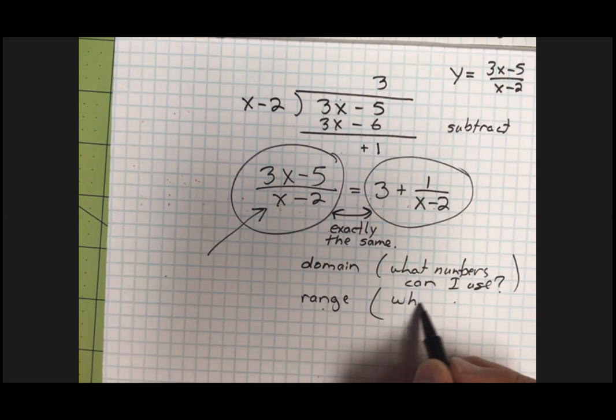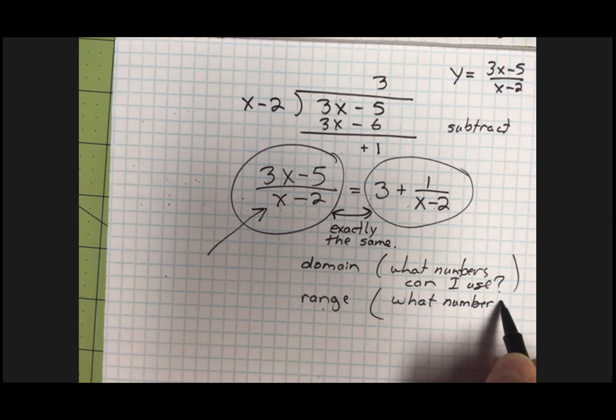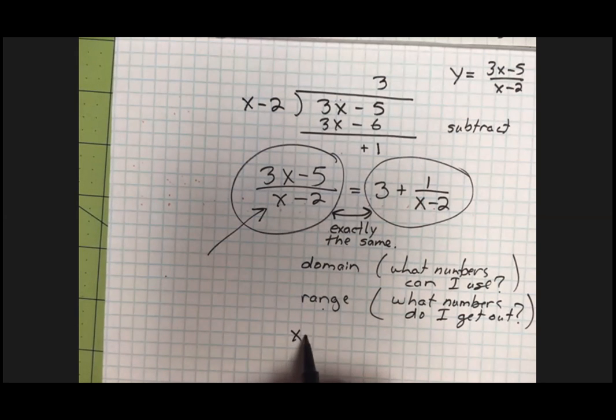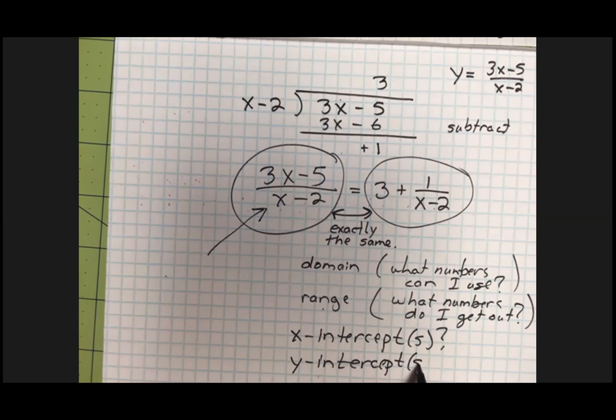That means, what numbers do I get out? You also want to say, is there an x-intercept or intercepts? There could be more than one. Are there any y-intercept or intercepts?